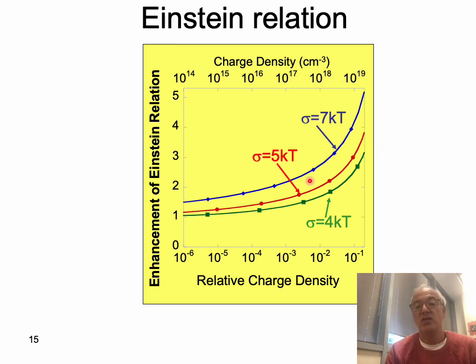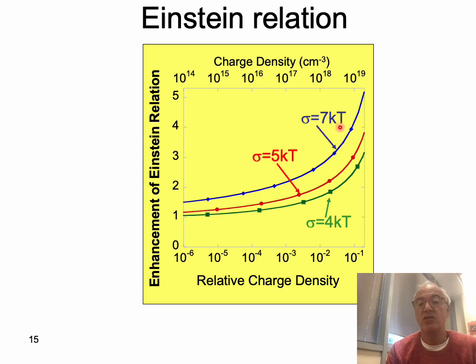And you see that if we are going beyond the 10 to the 17 or 10 to the 18, that already a sigma of about 100 meV would start to make a difference. Of course, if we go to 5, it is more pronounced, and especially if we go to 7, you can see that all across the charge densities you can imagine, the classical Einstein relation doesn't hold.